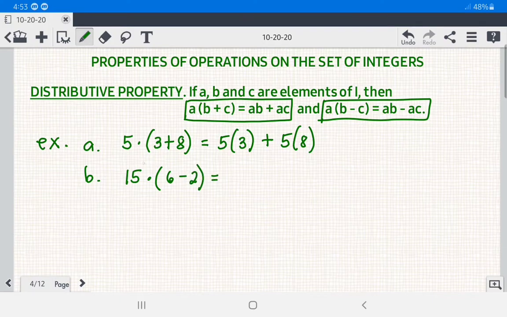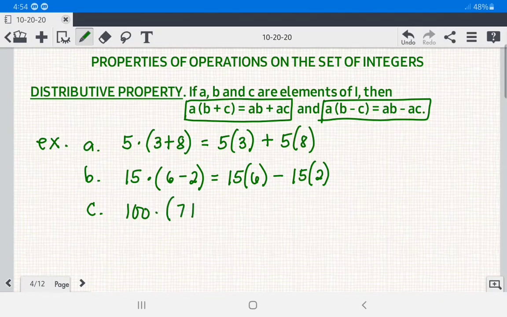So, we're going to multiply 15 times 6, then minus 15 times 2. Another example, let's say we have 100 times 7 plus y.